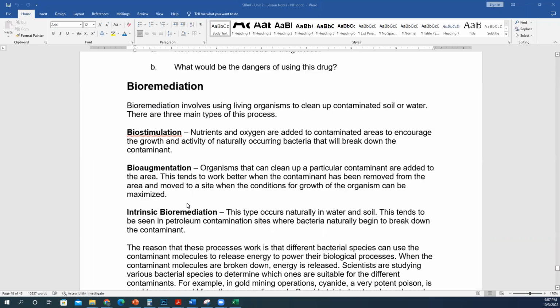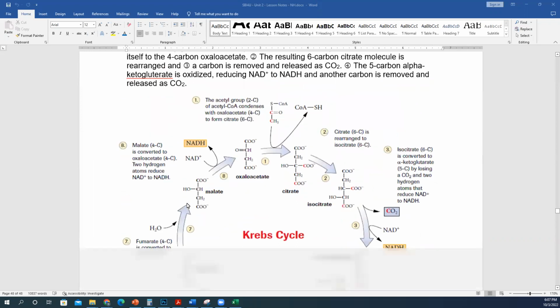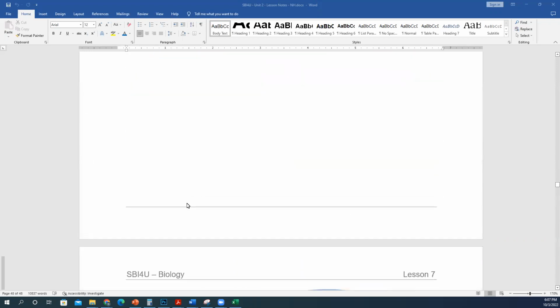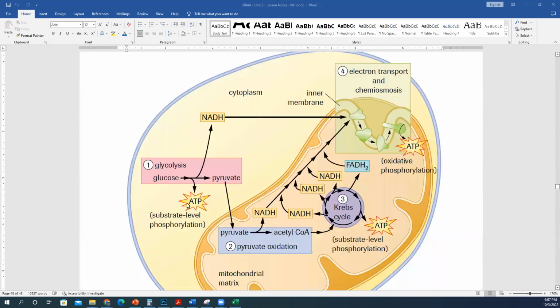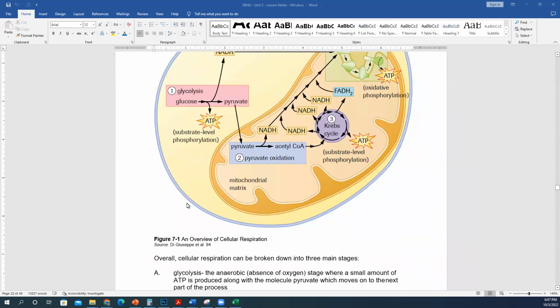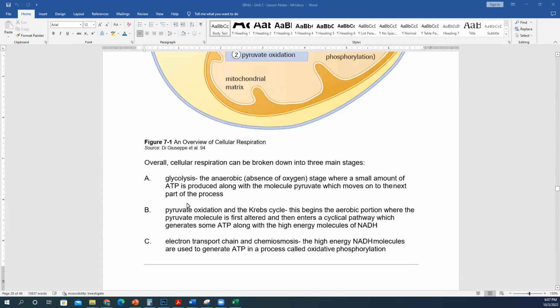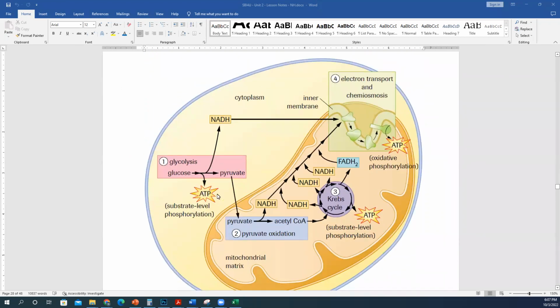All right, so let me just go back to Unit 7. So we started out Unit 7 talking about cellular respiration. We talked about how it had different stages. There was glycolysis, which we talked about, and from there we go to pyruvate oxidation.